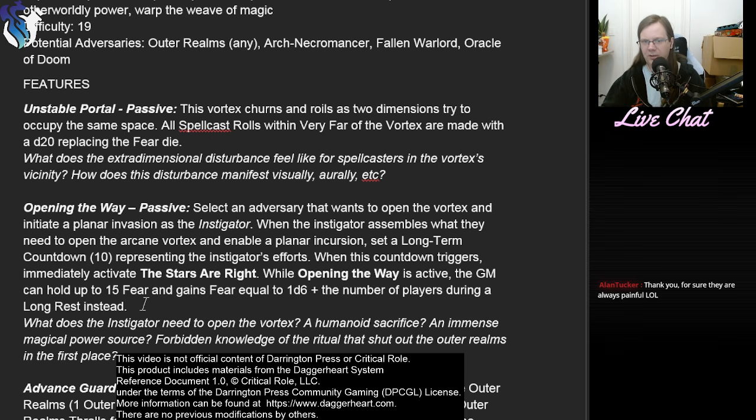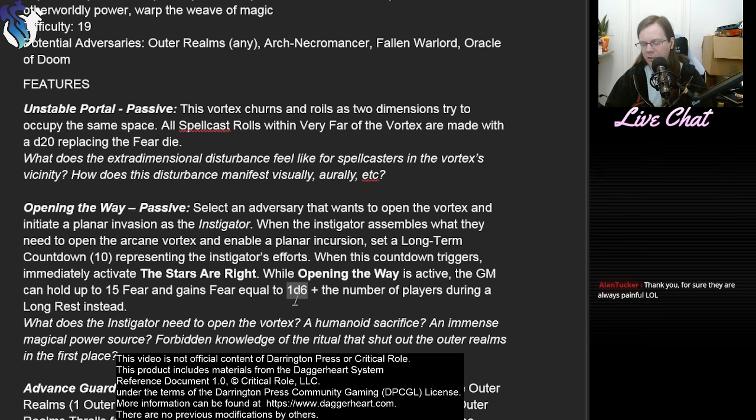So that means that the Arcane Vortex increases the fear generation for the GM only on long rests, not short rests. And it's generally an increase of 1 fear.